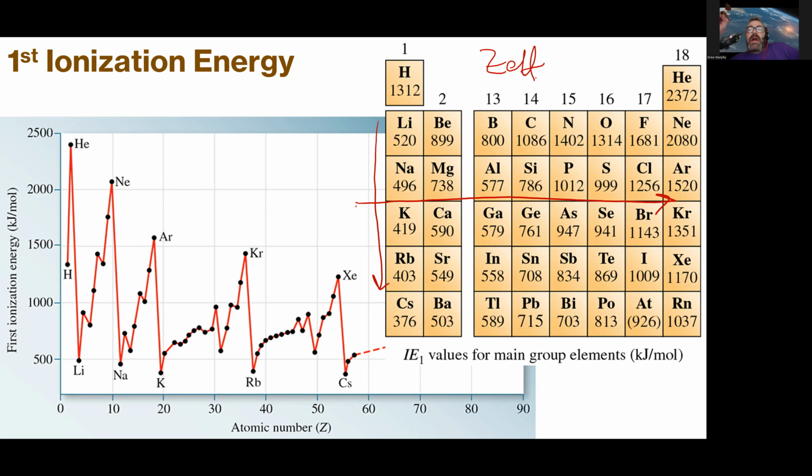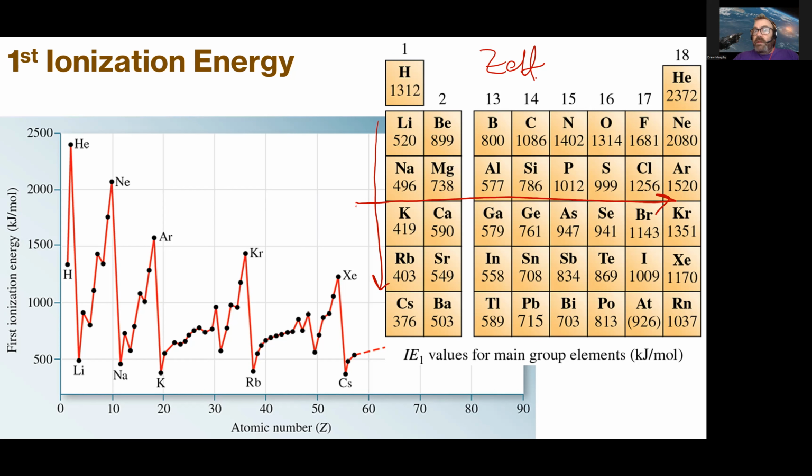Okay, so as you're going down a group, I always think down a group is a little bit easier to grasp. As you're going down a group, the atoms get bigger, right? We physically have more stuff, more electrons. So if you think about it, lithium has 3 electrons. Cesium has 55 electrons. Which one is going to care more if you take one of them away?